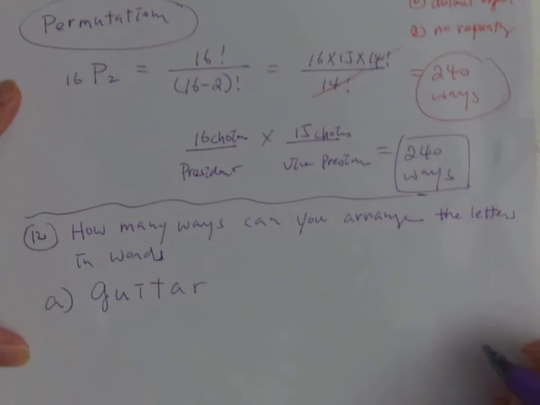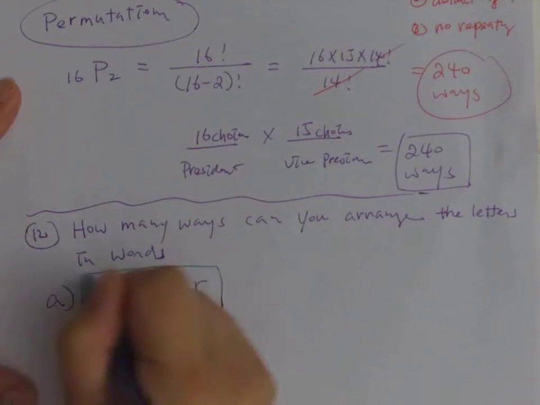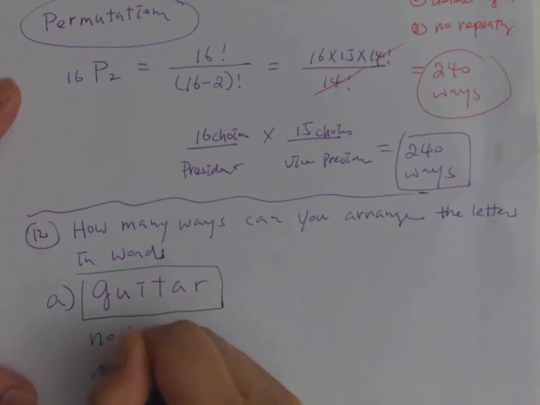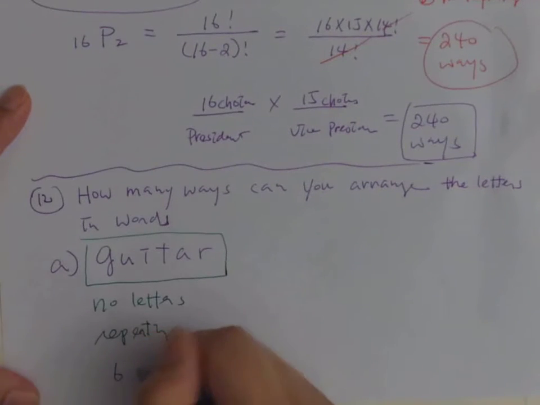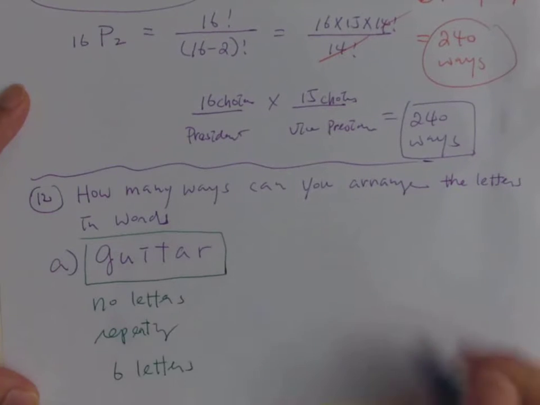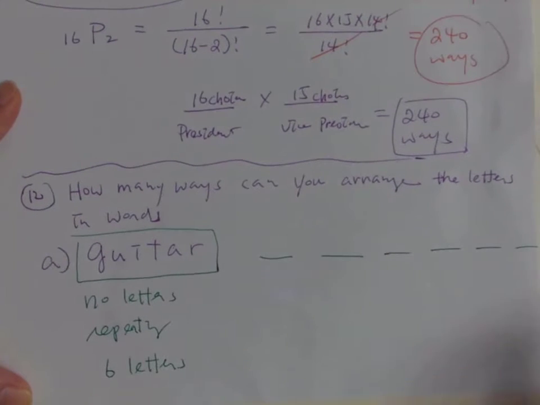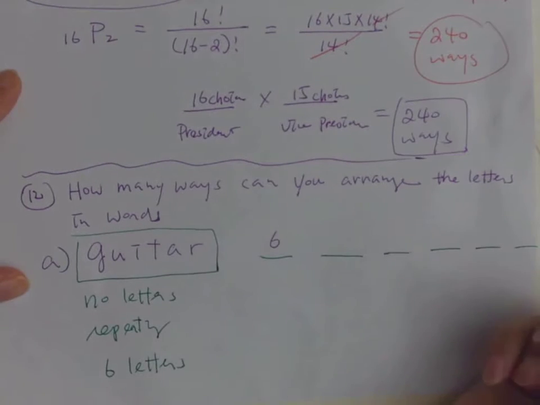G-U-I-T-A-R. Okay, I don't have any letter repeating. So I have 6 letters, which means 1, 2, 3, 4, 5, 6. So I start with 6 different letters to choose from.